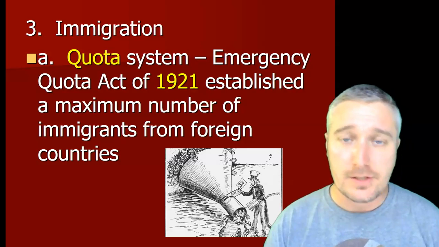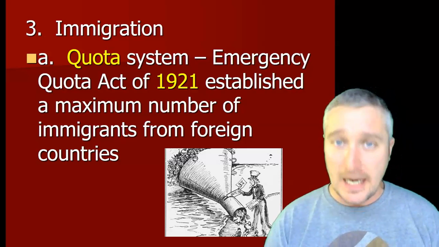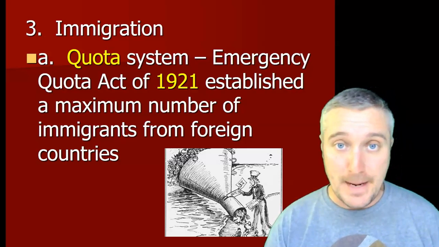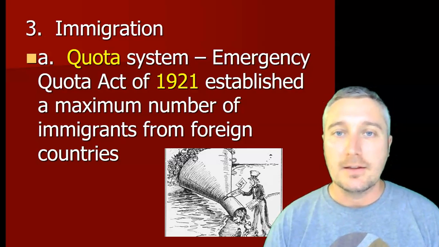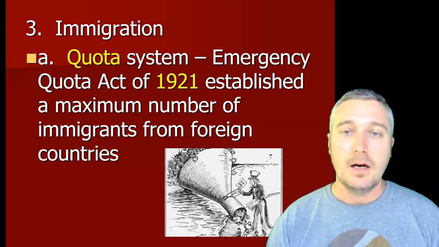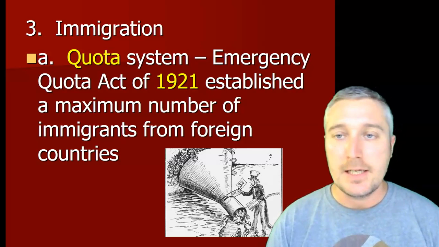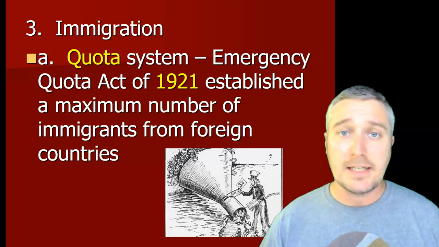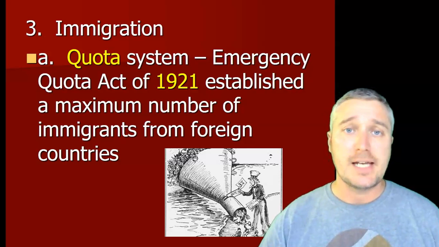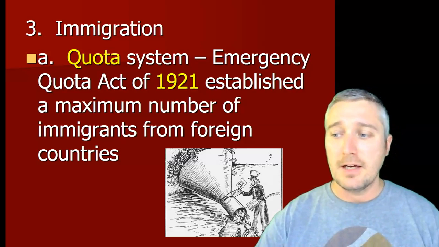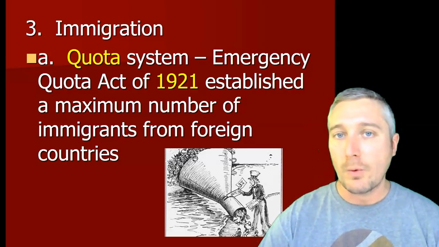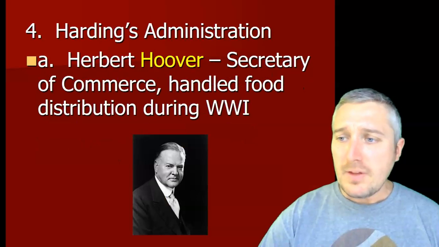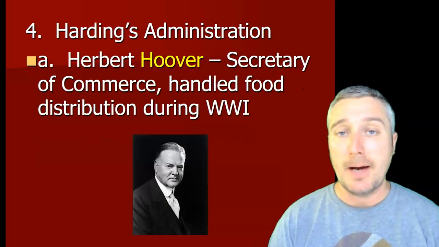Now, we've already seen this a little bit with the Chinese Exclusion Act, which actually banned any immigrants from China, at the same time allowing literally millions of people in from Western Europe. But here we're slowing down immigration in its totality. So we're seeing, again, a return to that fear of foreigners coming in, changing our way of life, and it is being put into policy.